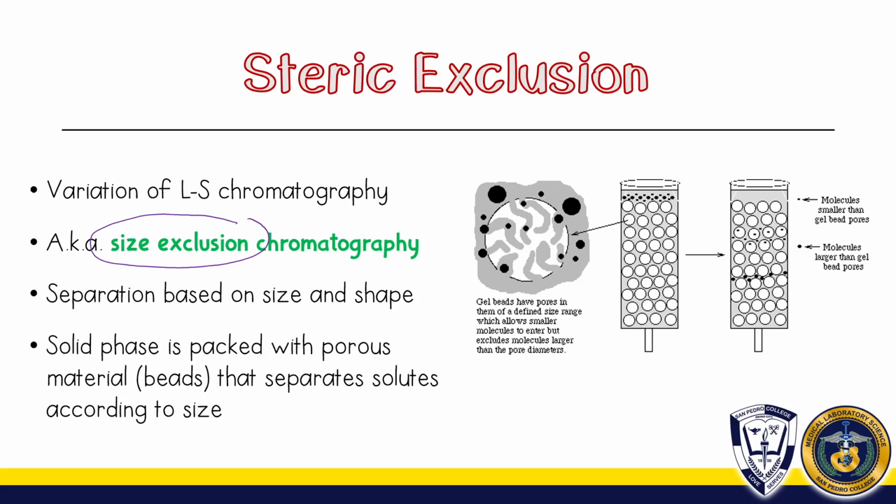The solid phase here is packed with porous material or beads that separate solutes according to size. As you can see here, this is your column packed with beads, and the beads matter depending on which component you want to separate or get. The beads are porous, meaning the manufacturer puts in a certain pore size so that only certain substances are able to enter.